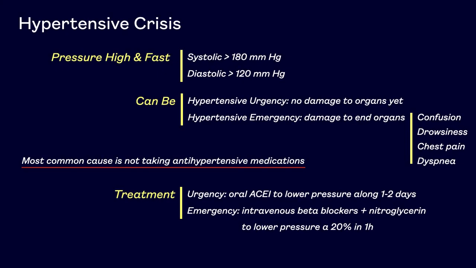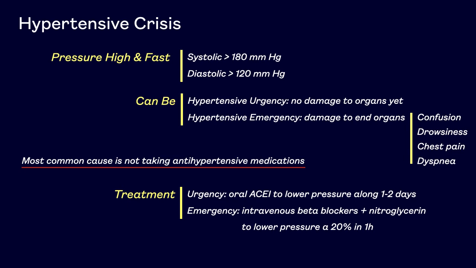Finally, if the blood pressure gets really high, really fast, it's called a hypertensive crisis. In a hypertensive crisis, either the systolic pressure is greater than 180 millimeters of mercury, or the diastolic pressure is greater than 120 millimeters of mercury. Hypertensive crisis can be further split into hypertensive urgency and hypertensive emergency.